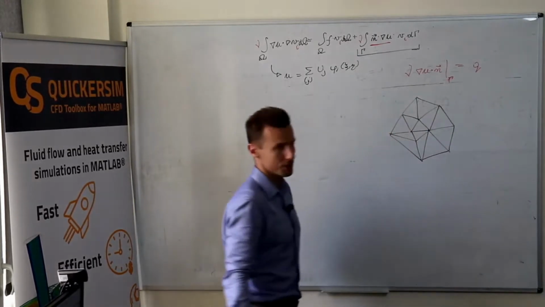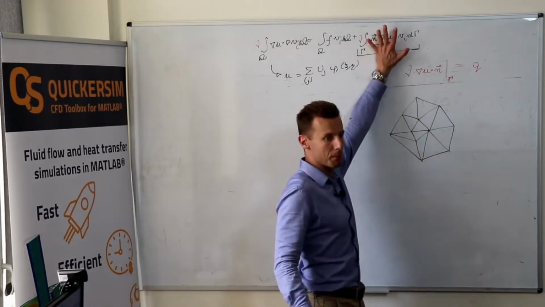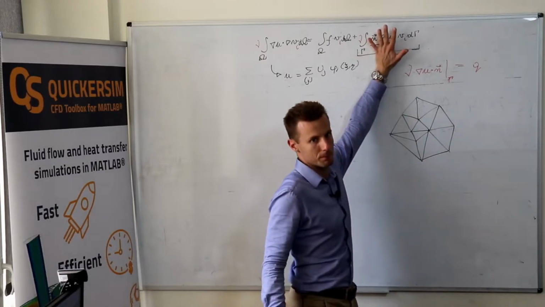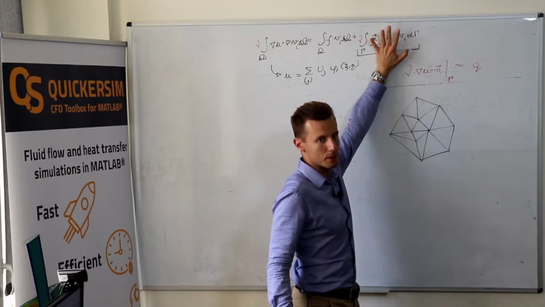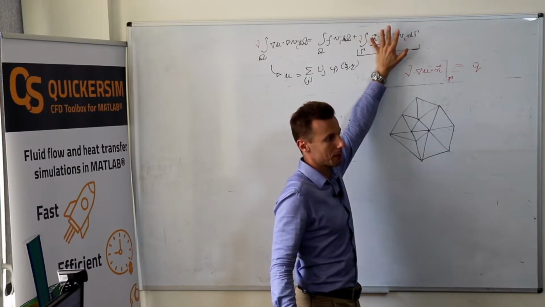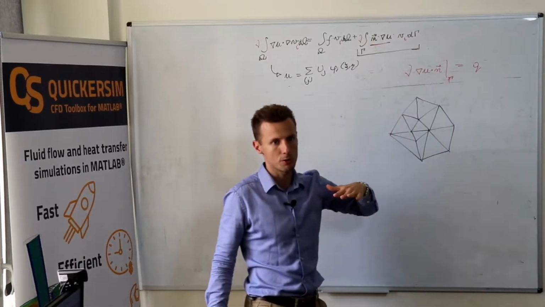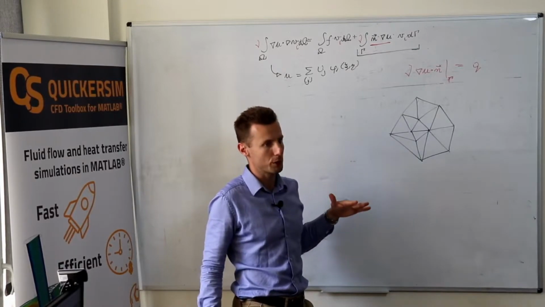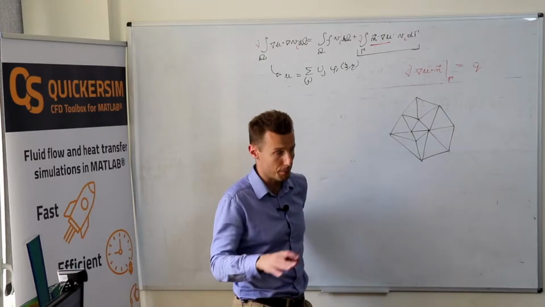Now, first question: if you don't do anything and you skip this term, what does it mean? That this flux is zero. Exactly. If you do nothing, you will end up with a homogeneous Neumann boundary condition everywhere on the boundary of the domain.